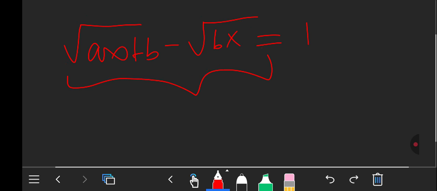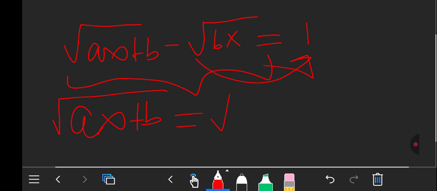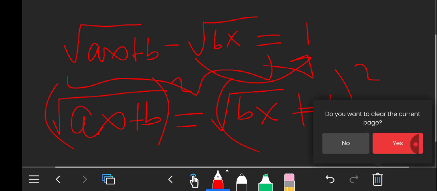So what you need to do here is take one square root to the other side. This one will be equal to square root of bx plus 1. At this point, you can square this and you square that, and you'll be able to solve the radical equation. So this is basically what you need to understand.